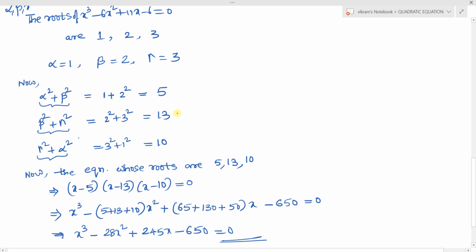So one factor of the given cubic equation is known; then use synthetic division and find the other factor, which will be a quadratic expression. Now find the roots of the quadratic equation, and then we get the roots of the given polynomial equation. After that, use the relation given and find the equation using those roots.